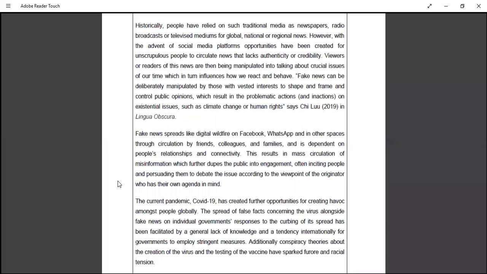Without even reading the entire paragraph, you can see, okay, the first thing that we were introduced to is the fact that the transition from the olden ways of publishing information to the current social media setup has actually brought rise to fake news being published.